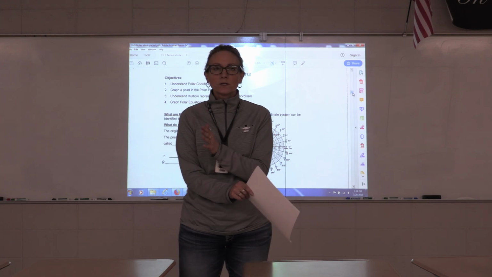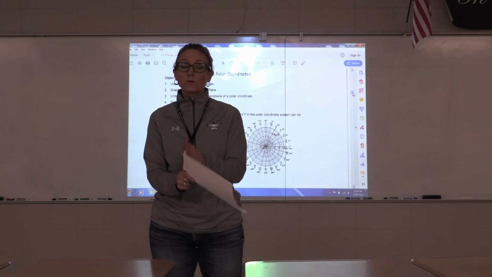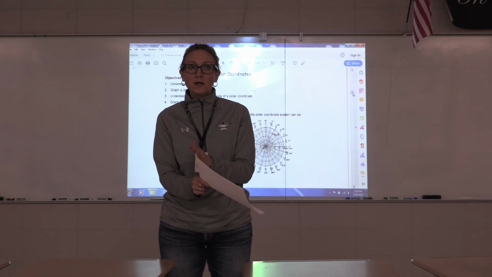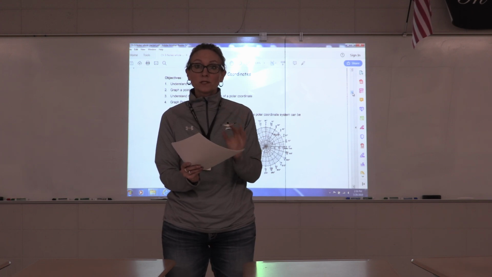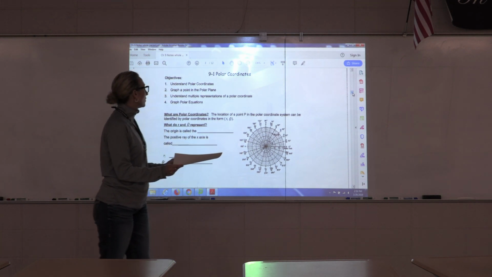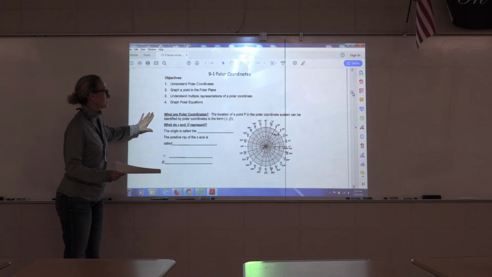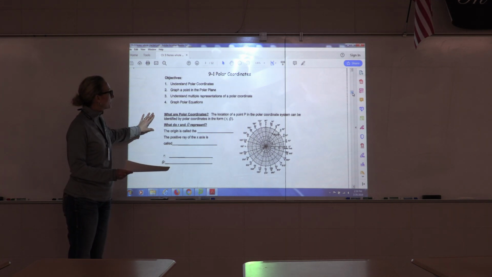The only graphing you've pretty much ever done in terms of a plane is the x and y-axis. We're still going to be graphing two-dimensional on a plane, but within what's called the polar system. So we're graphing in the polar system.